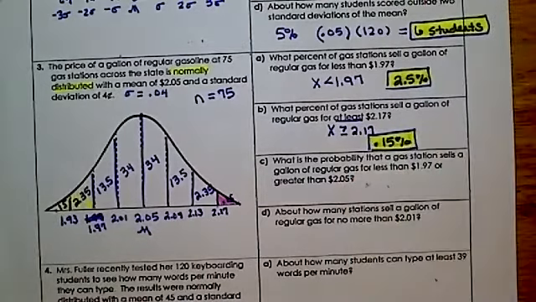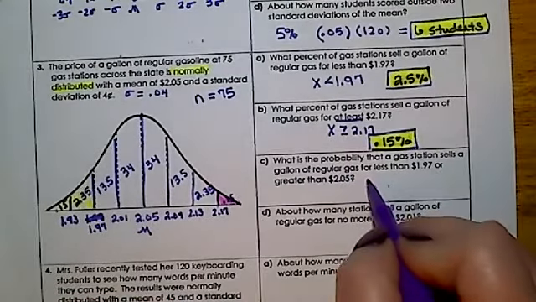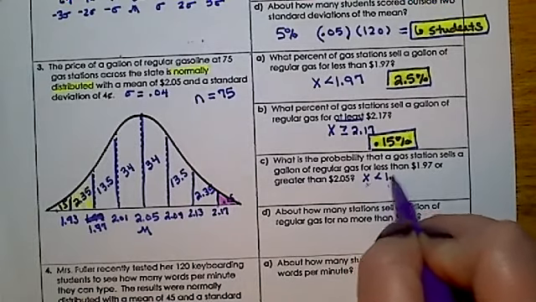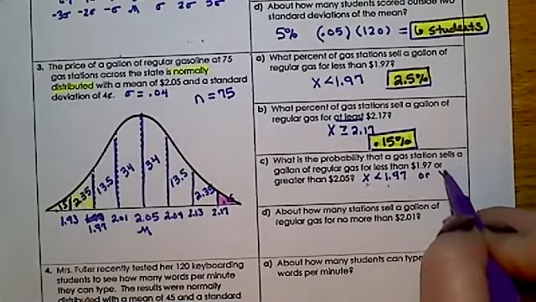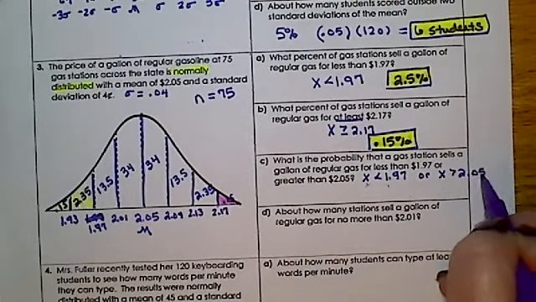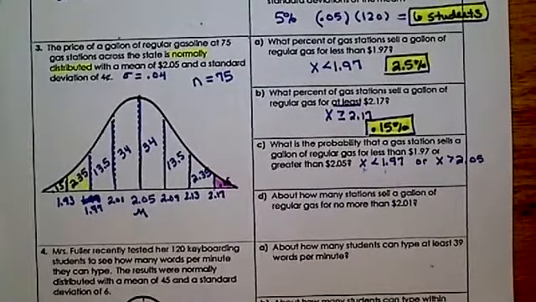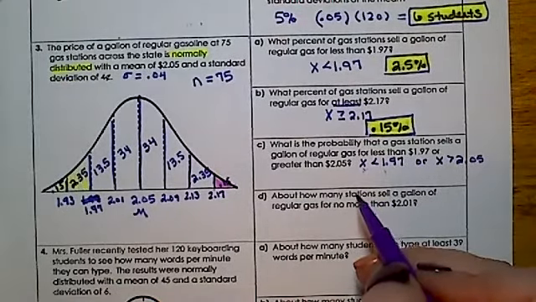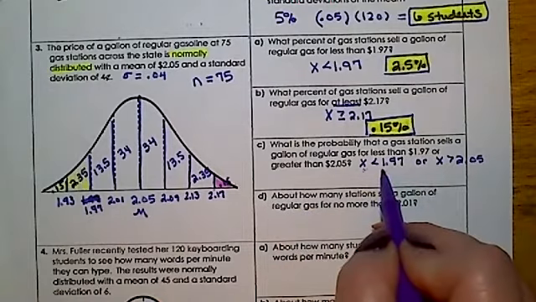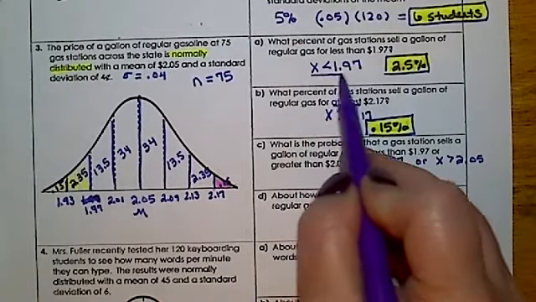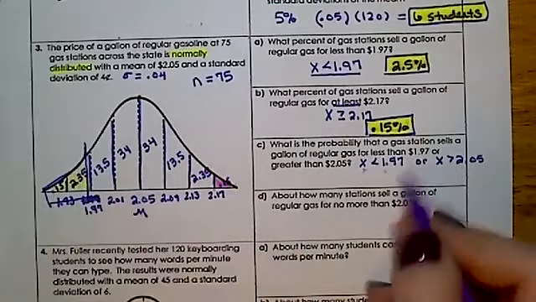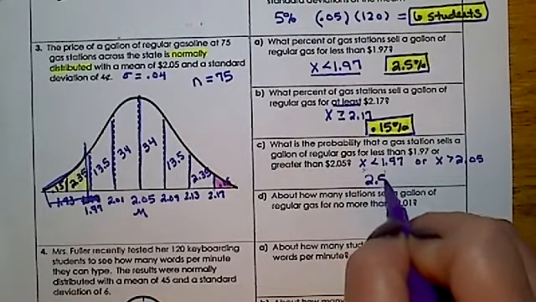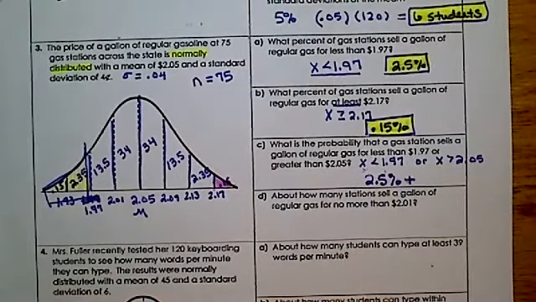What is the probability that a gas station sells a gallon of regular gas for less than 1.97 or greater than 2.05? So less than 1.97, I think we did that one up there, which was this portion right here, the 2.5, plus greater than 2.05.